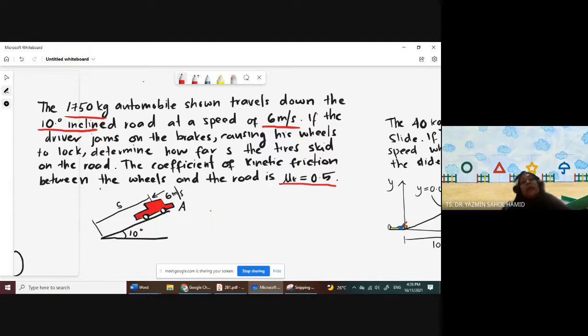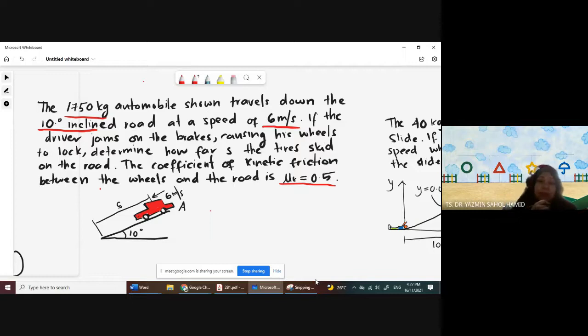Okay, actually, when you read this question, you must have thought, why don't I solve this question using Newton's second law? Ever thought about it? No. Why don't I solve this question using the constant acceleration formula?